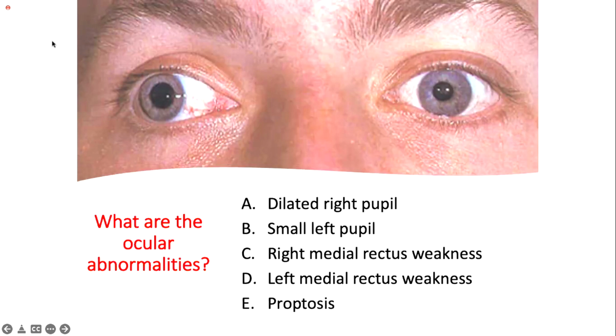You have 30 seconds more. Fifteen seconds more.